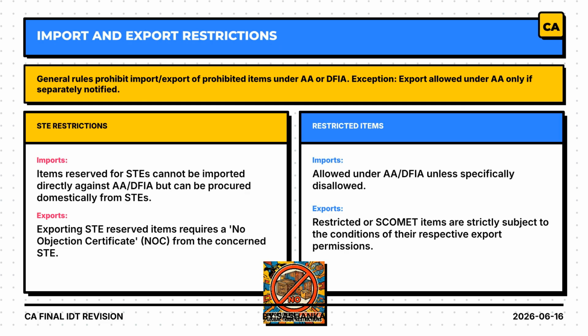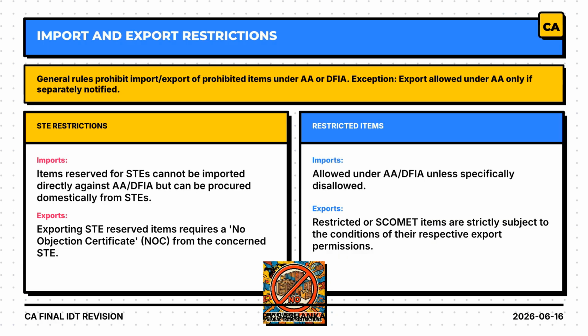Let's start with restrictions under Advance Authorization and DFIA. As a general rule, prohibited items cannot be imported or exported under these schemes. However, there's an important exception. Under Advance Authorization, export of a prohibited item may still be allowed if it is specifically notified and subject to prescribed conditions.